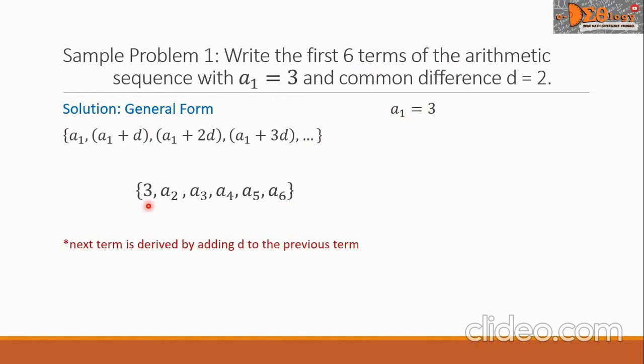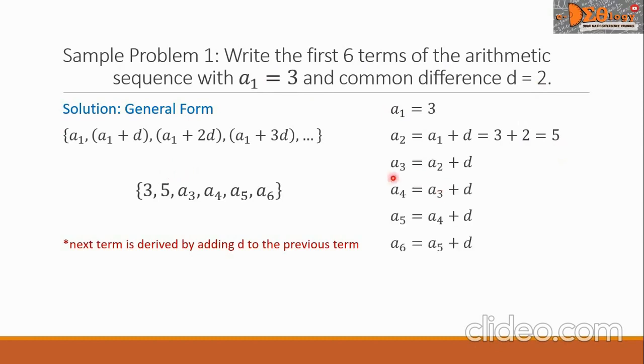Next, we know that the next term is derived by adding d to the previous term. So the a sub 2 is equal to a sub 1 plus d, and that is 3, that is the first term, plus 2, the common difference, and the answer is 5. And this number 5, we will substitute to a sub 2 in our sequence here.